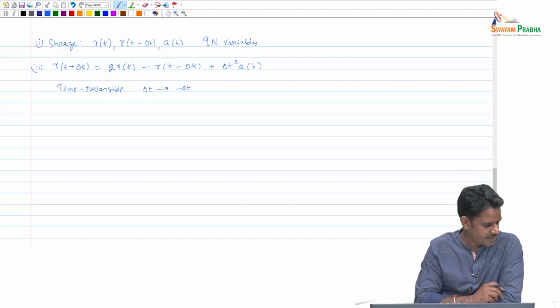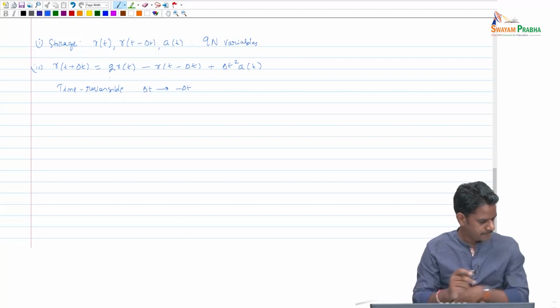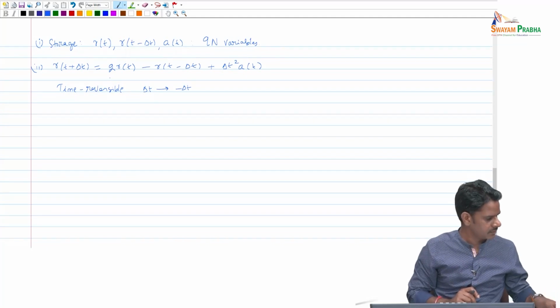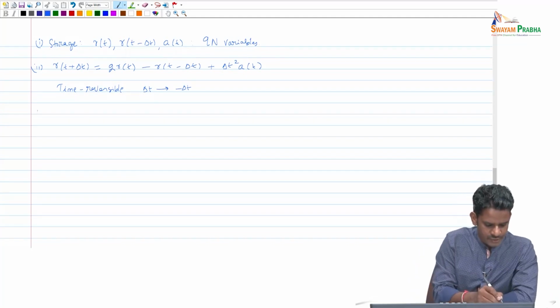Okay. So, it has the time reversible property, and it also shows very good energy conservation.